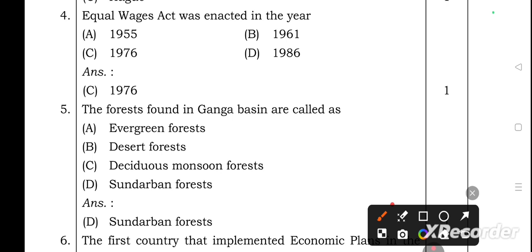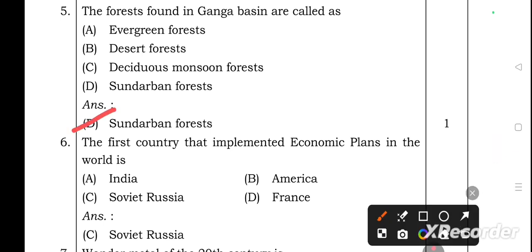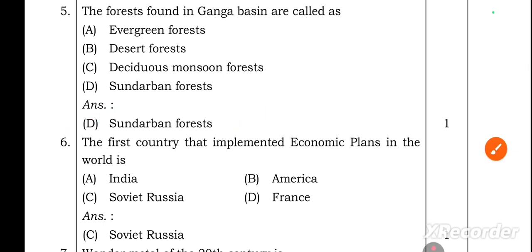The right answer is option C, 1976. Fifth one, the forests found in the Ganga basin are called: evergreen forest, desert forest, deciduous monsoon forest, Sundarban forest. The right answer is option D, Sundarban forest.